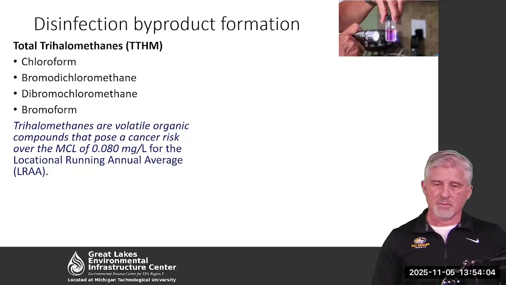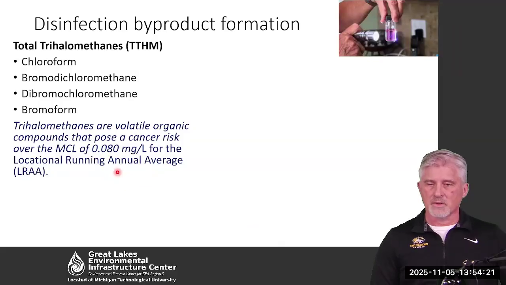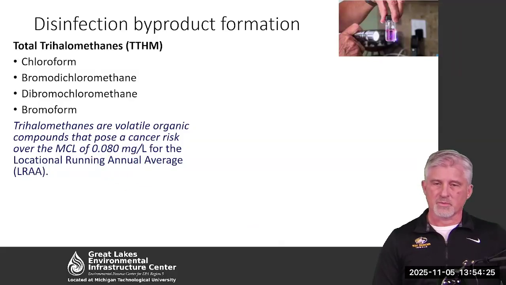The idea being that these samples are collected out in the distribution system at the same point, potentially on a quarterly basis, and the last 4 quarters of results, we average those and compare them to that MCL of 0.08 parts per million to determine whether we're in compliance.